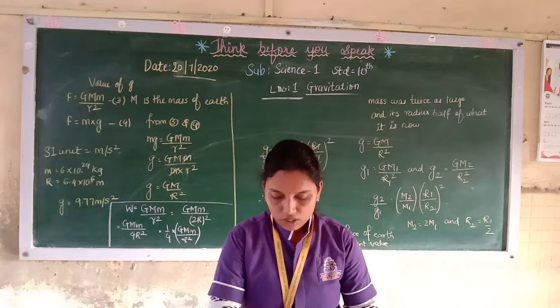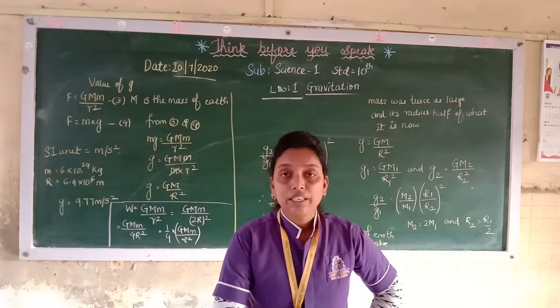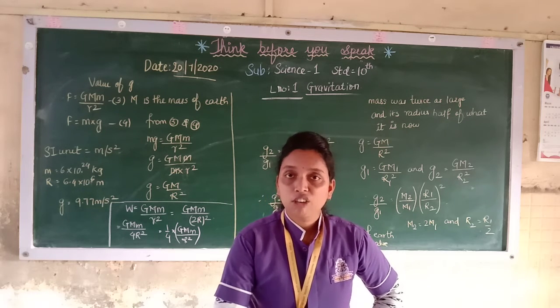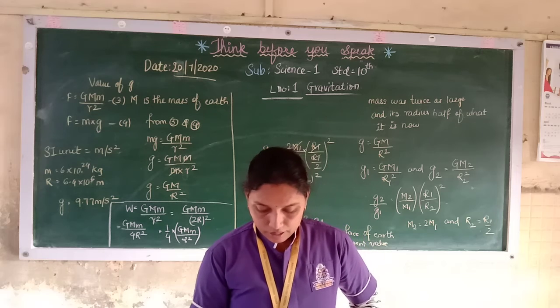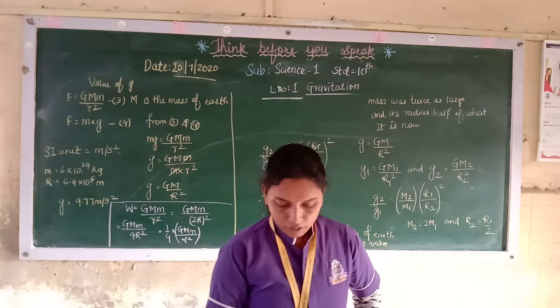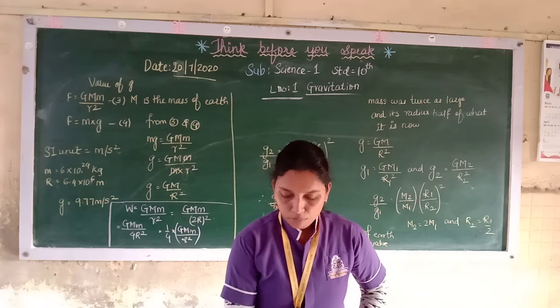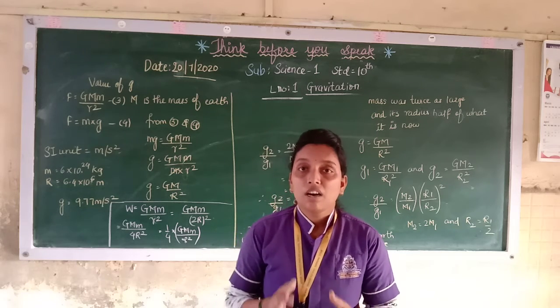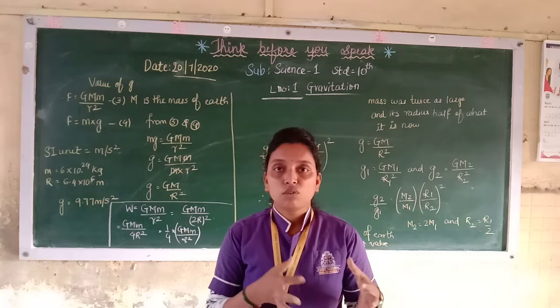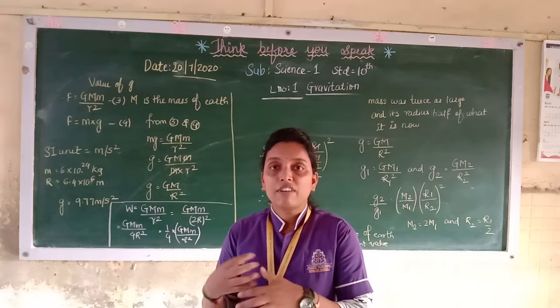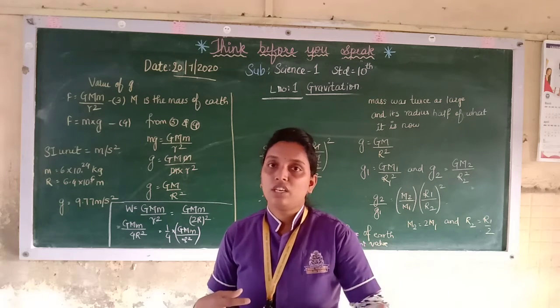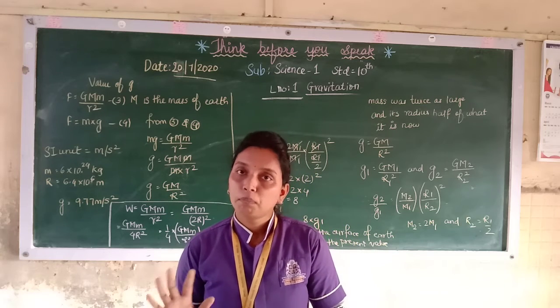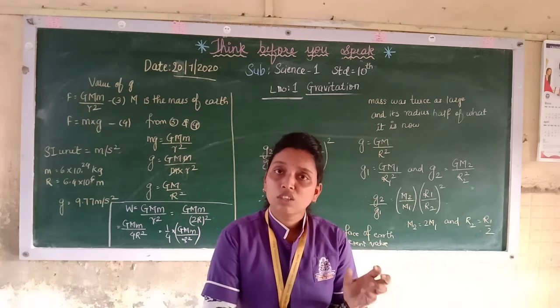And its direction is towards the center of the earth only. As the value of g is not the same everywhere, the weight of an object changes from place to place, though its mass is constant everywhere throughout the universe. But as the gravity changes, the weight changes from place to place. The mass remains constant.